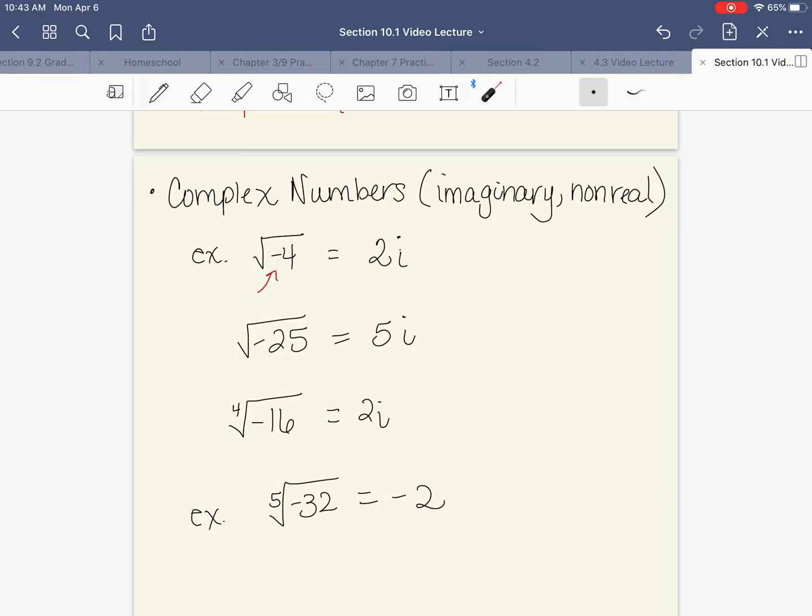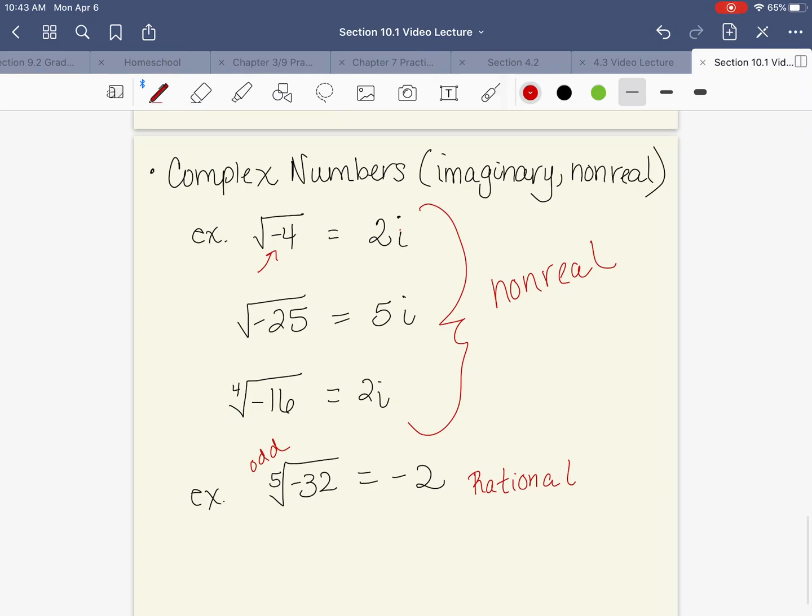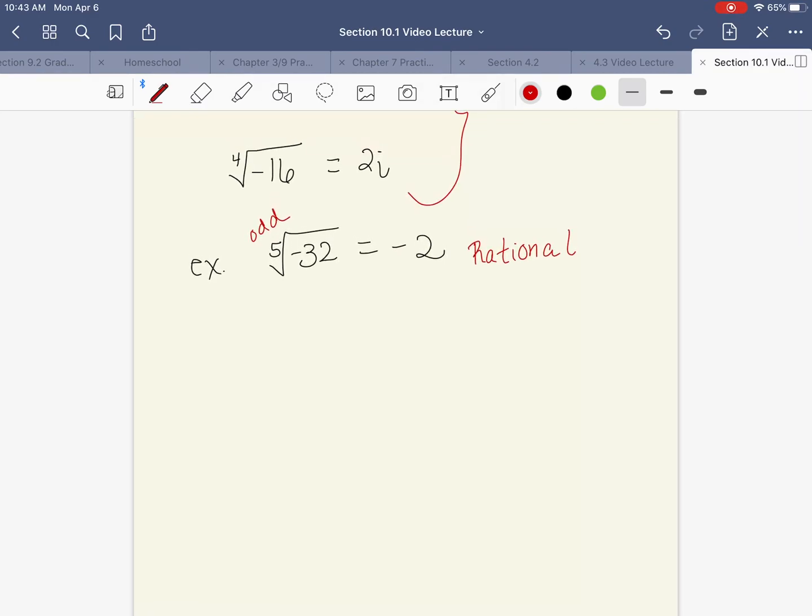If it's an odd index, then it is not imaginary. So this would be considered a rational number, and these would all be non-real. Okay, so let's look at an example.